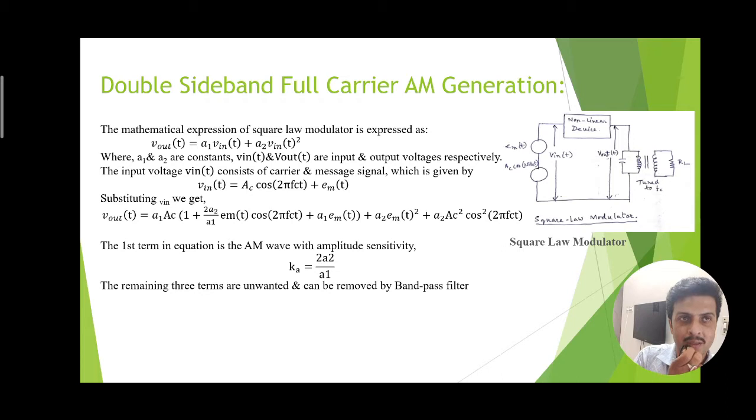So the nonlinear device characteristics can be given as V out is equal to a1 V in plus a2 V in square, where V in is nothing but the superposition of the message and carrier signal. So if the algebraic sum of these two signals is applied as V in, then we can easily get an expression of V out, which is given below.